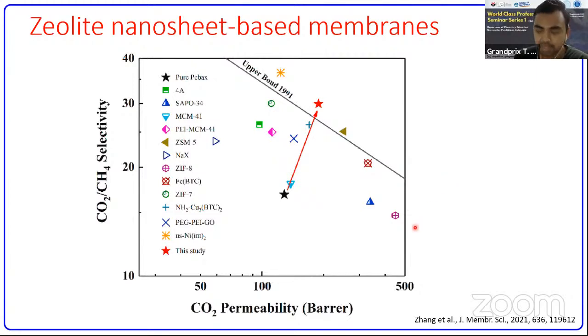But just because we have incorporated the zeolite nanosheet fillers, now the separation performance could be increased above the upper bound. So you have already seen how the nanosheet inorganic filler could dramatically increase the performance of a polymer that is considered bad for this application.